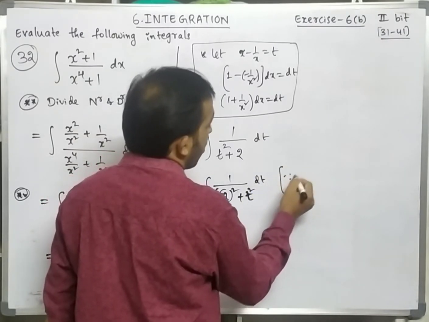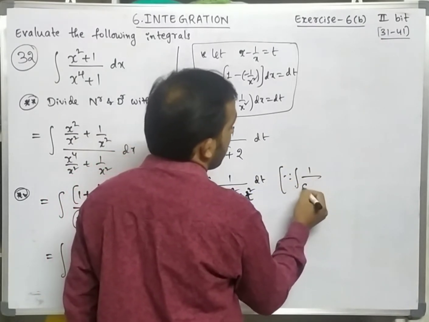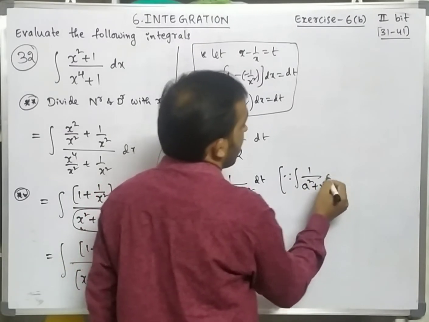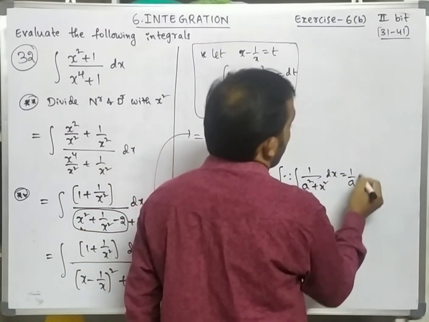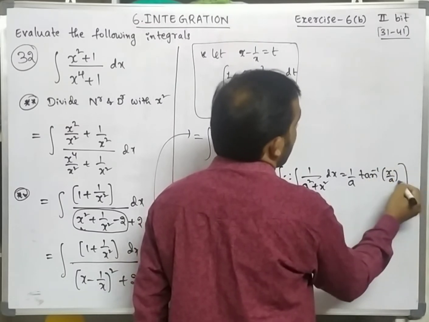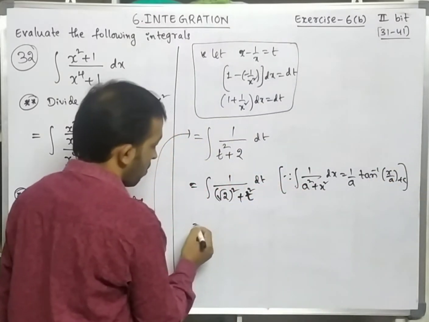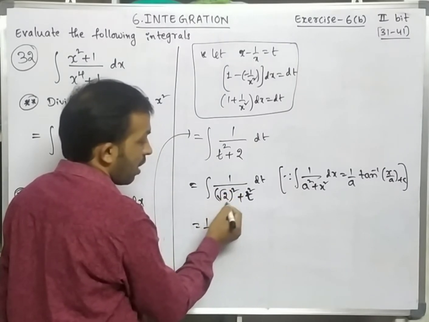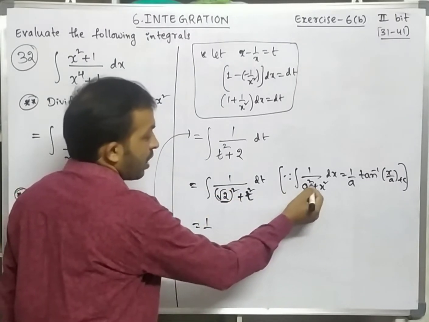Here we have one formula: integration of 1 by (a square plus x square) dx is equal to 1 by a tan inverse of x by a plus c. Substituting that formula, here a means root 2, so a square is root 2 square.